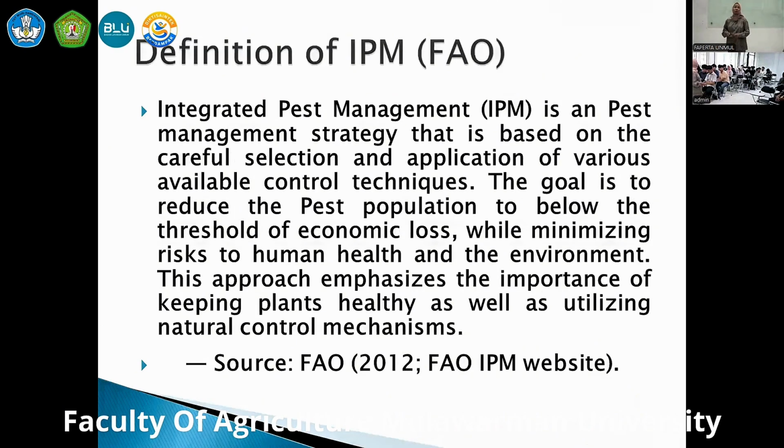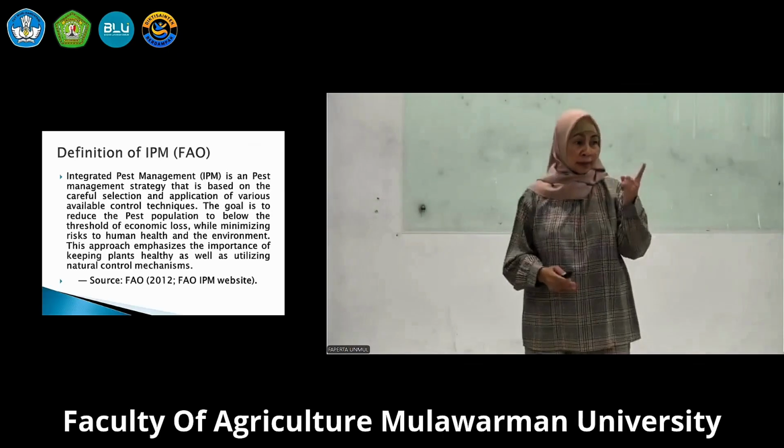Before we go further with this IPM, we go with the definitions. What is the definition? Integrated pest management is a pest management strategy based on the careful selection and application of various available control techniques to control the pests.